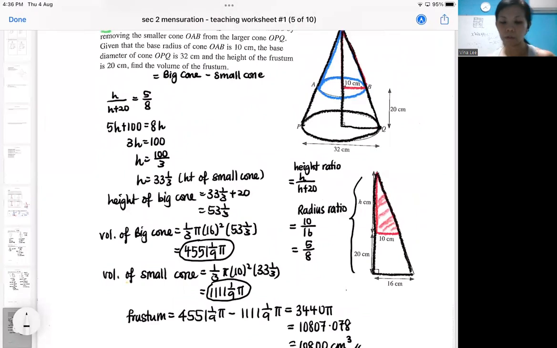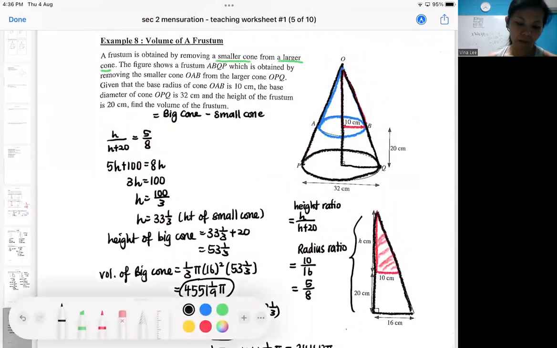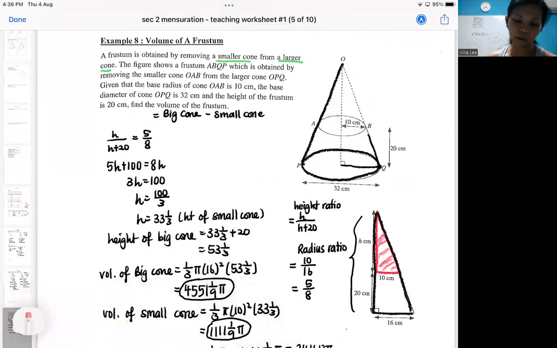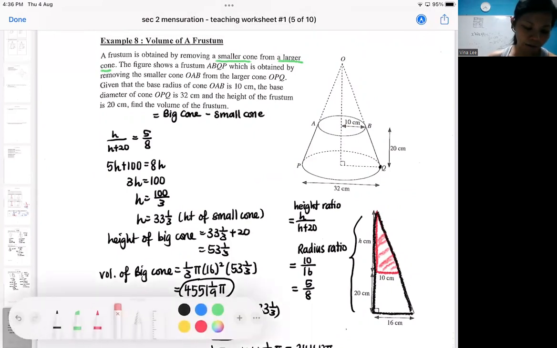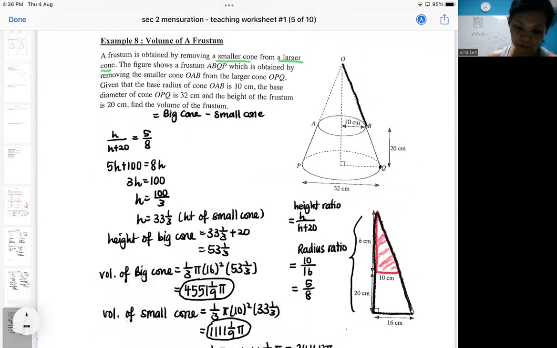Okay, so I'm going to tell you, if this is finding the volume of a frustum, if I need to find out the surface area of the frustum, I actually need a big pi r l. That means I have to do the curved surface area.